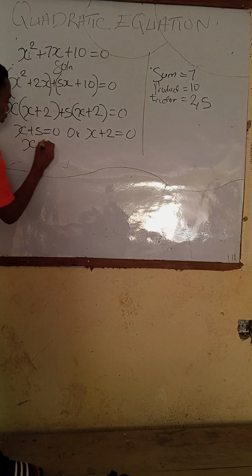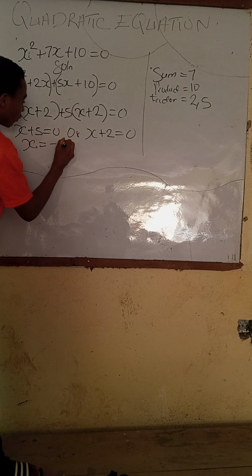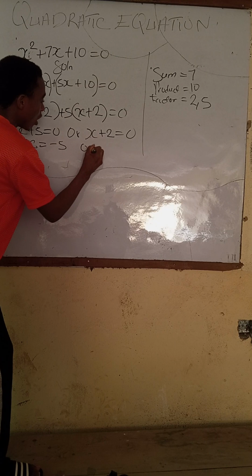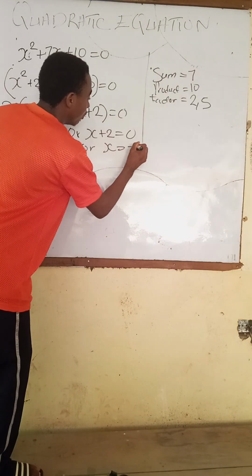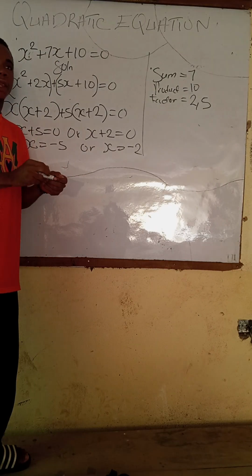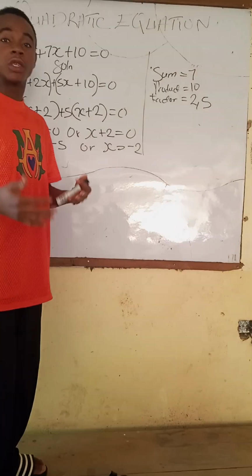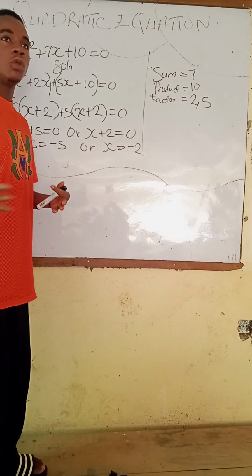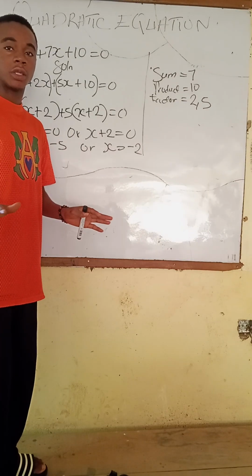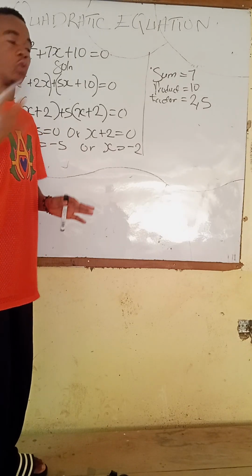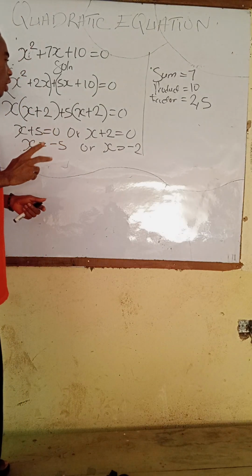Our x equals minus 5, or our x equals minus 2. Remember, a quadratic equation is an equation where x has two values, two final answers. x must have 2 answers.